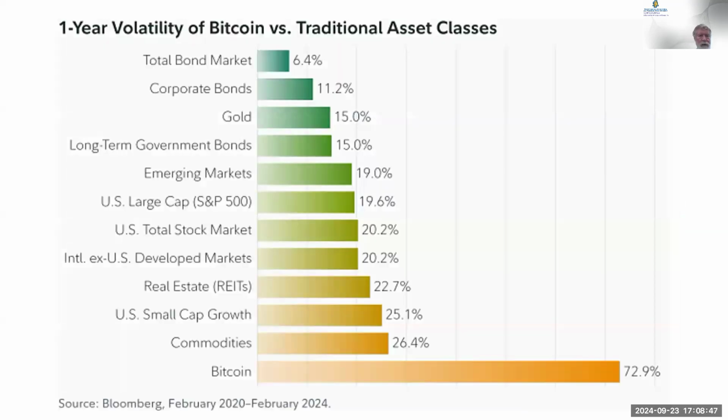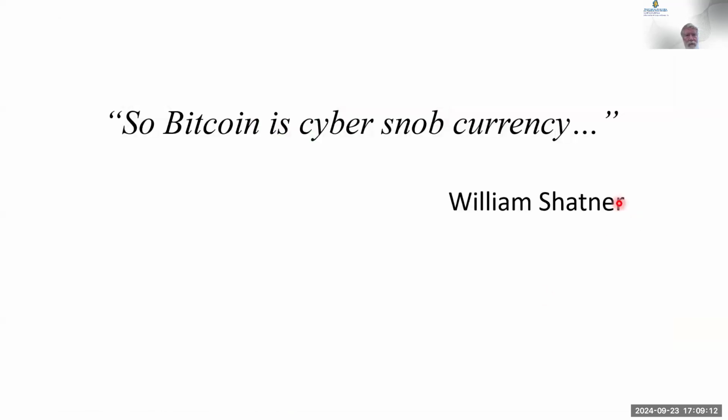And here's another chart where somebody's looked at the volatility, tried to measure it, and they find that Bitcoins are, in fact, quite a bit more volatile. Although there are other things out there, commodities, that would be people who buy wheat futures or gold futures. Well, gold varies quite a bit. Interesting, long-term government bonds wiggle a bit. Okay. So I also like William Shatner. I think you probably know who he is.